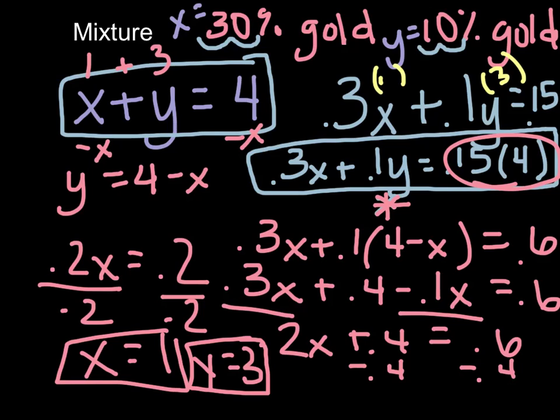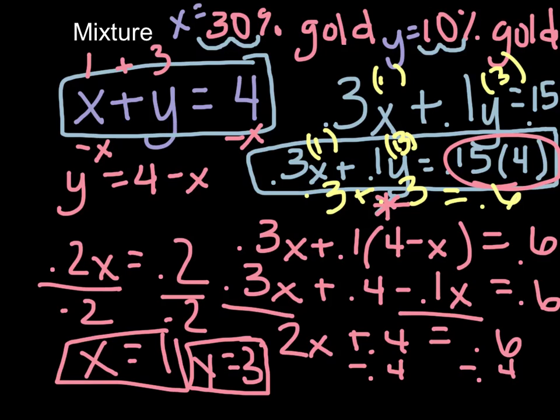Okay, so if I plug in 1 here, and 3 here, I get 0.3 plus 0.3, and 0.15 times 4 was equal to 0.6. Well, 0.3 plus 0.3 is equal to 0.6. So it works in both of them, so you know that your answer is correct.